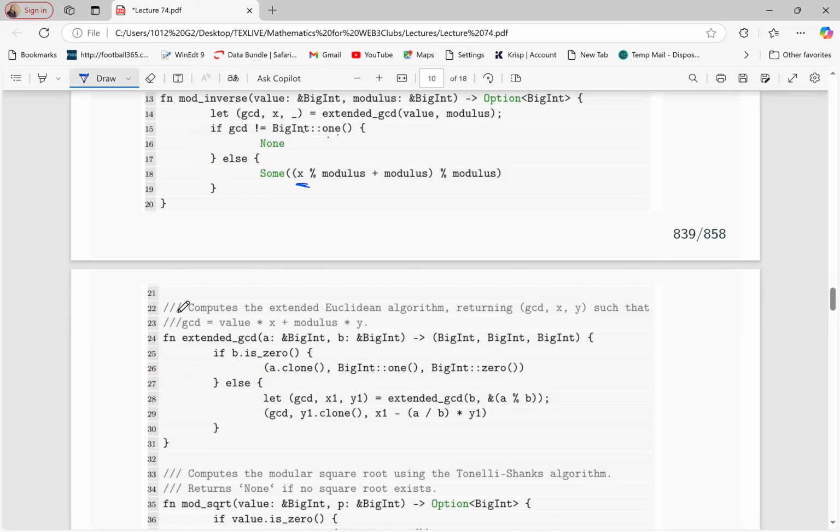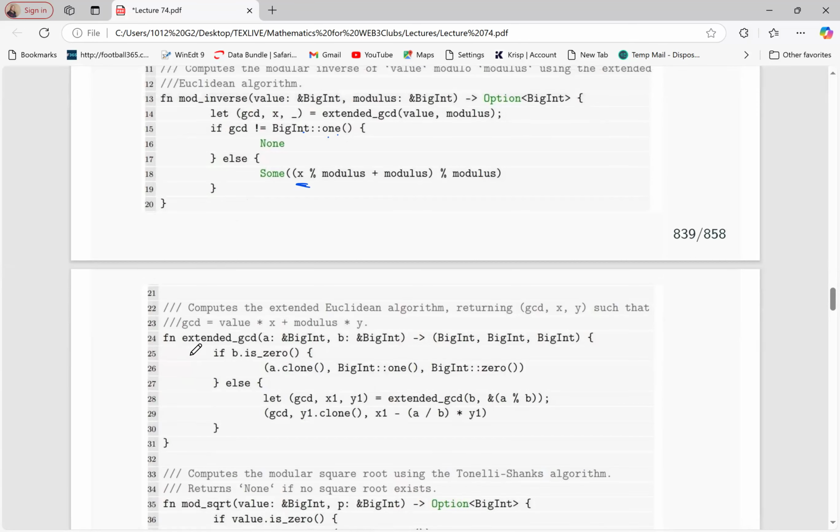Now, after finding the inverse, no, in fact, here we've not found the inverse. We're just saying that if the GCD is not 1, there is no inverse, and if the GCD is 1, then there is some inverse. But then we come here and find the inverse, using this code, the extended Euclidean algorithm, the one we called upon.